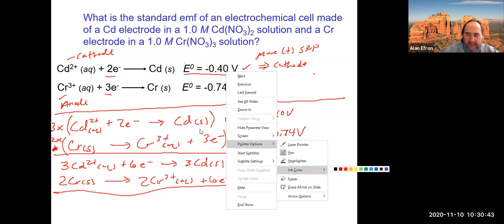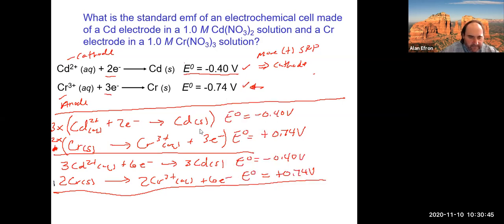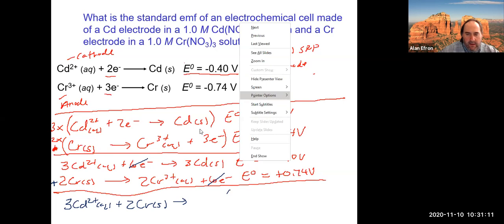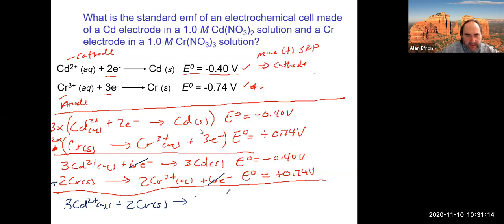And when we add these guys together here, our electrons will cancel, which is what we're looking for to happen. And that gives us our overall reaction, which is 3 cadmium 2+ ions reacting with 2 chromiums, going to give us 3 cadmiums with no charge and 2 Cr3+.